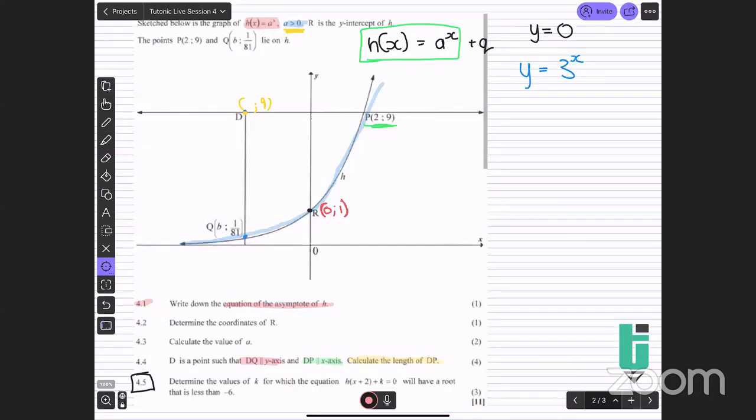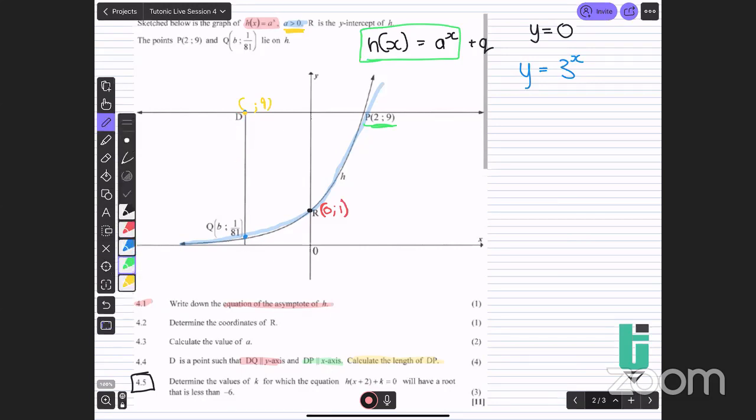Not x equals 0. Remember, x equals 0 is the y-axis. The x value is the intercept, b, right? Because isn't this x value b? So isn't this x value also b, because it's a vertical line?